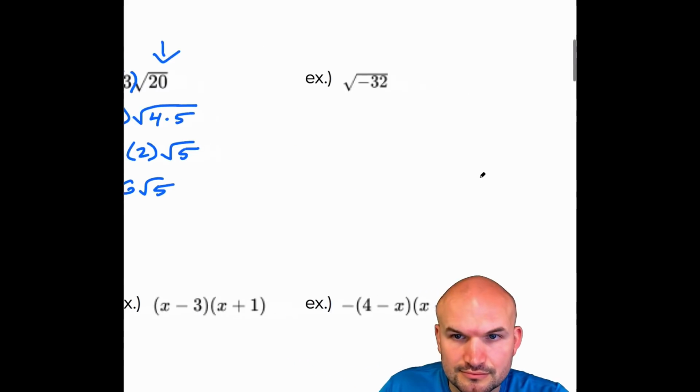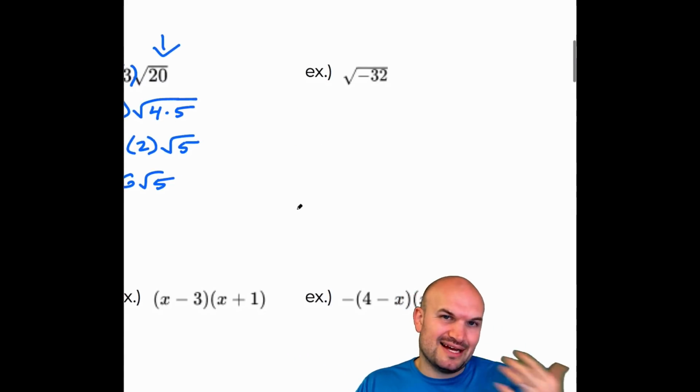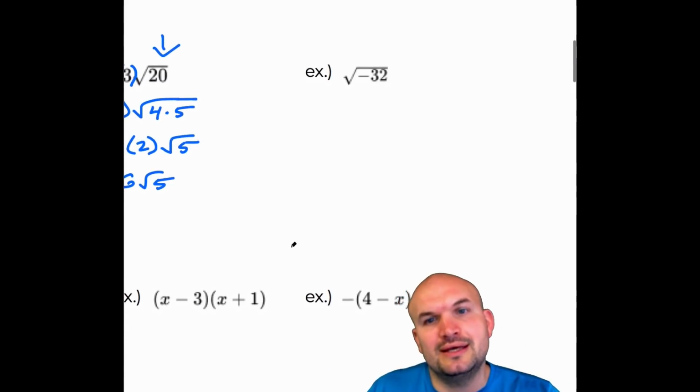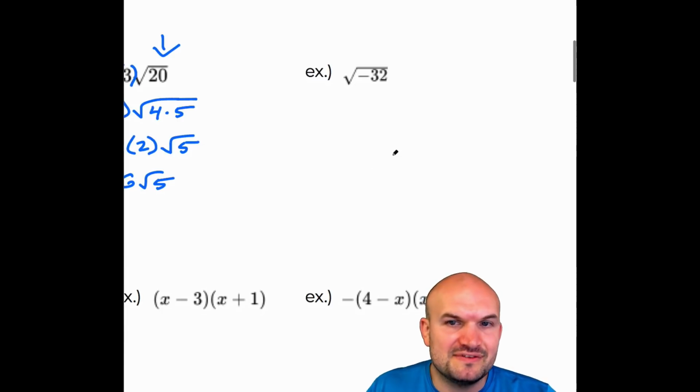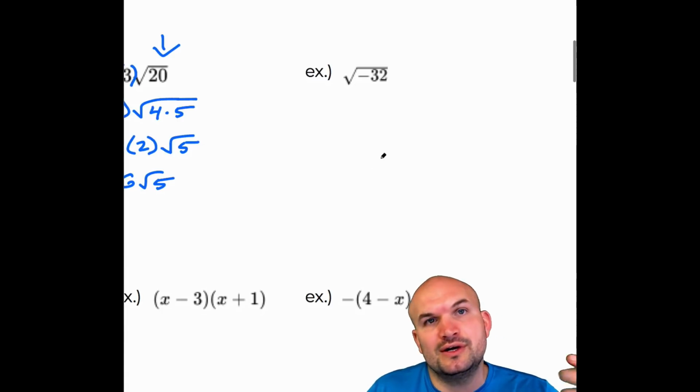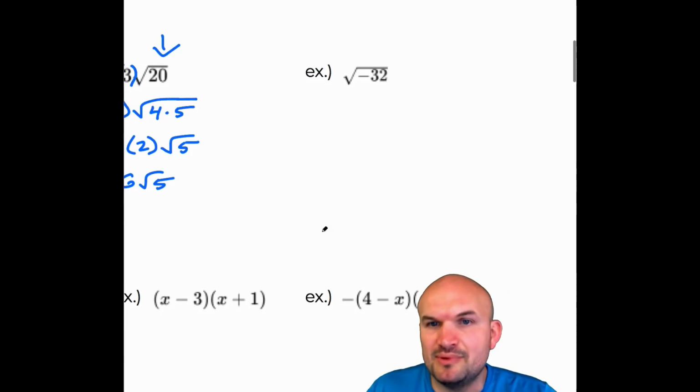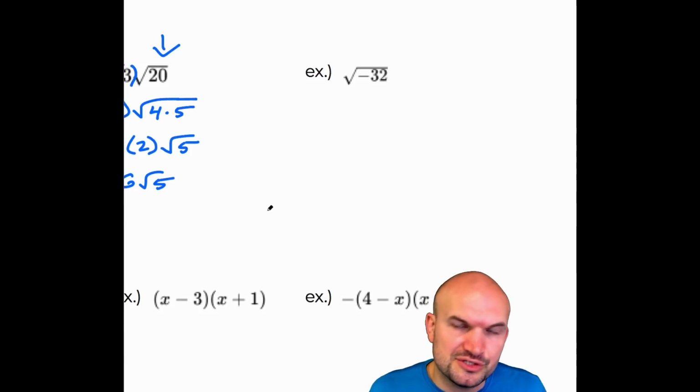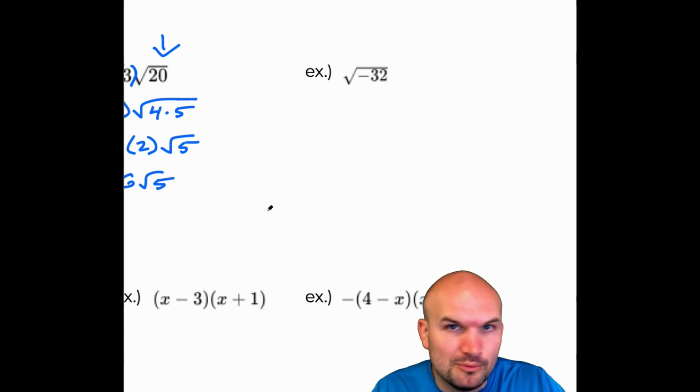All right, now moving on to the next example. I was debating if I wanted to get into the complex number system. Obviously, if that's something you haven't covered, then don't worry too much about it. But it is something that students going into pre-calculus and Algebra 2 will typically be semi-familiar with.